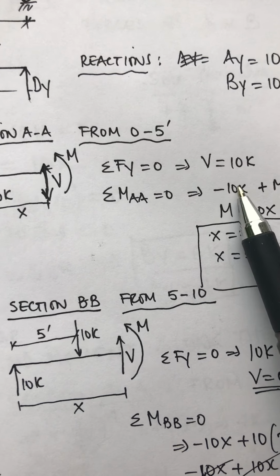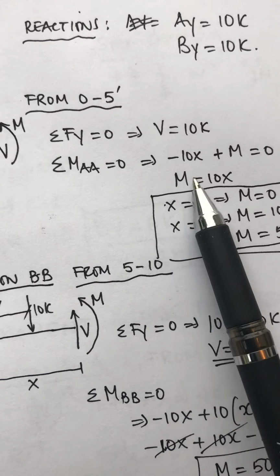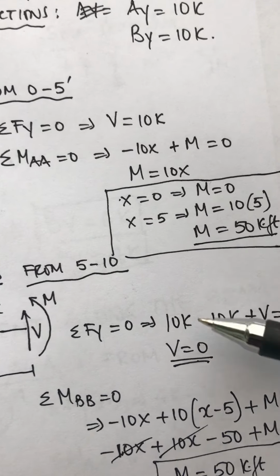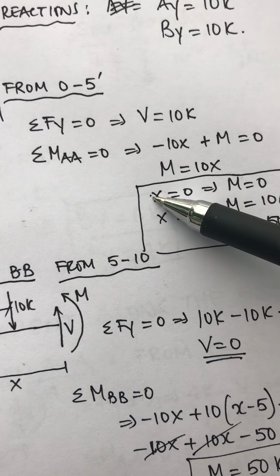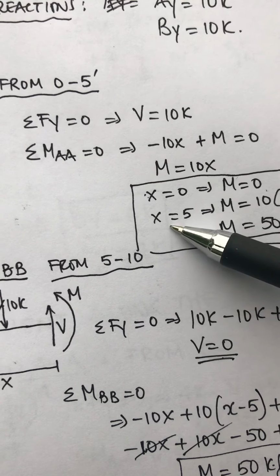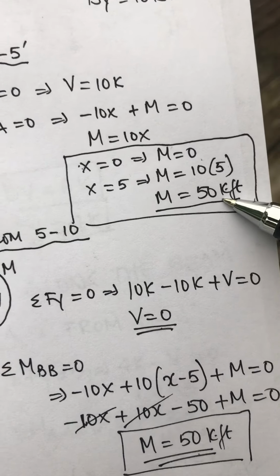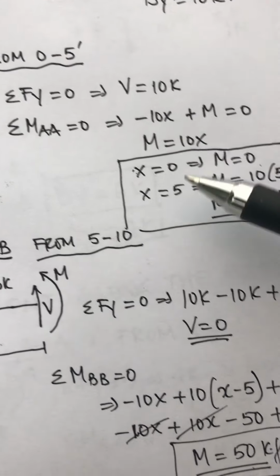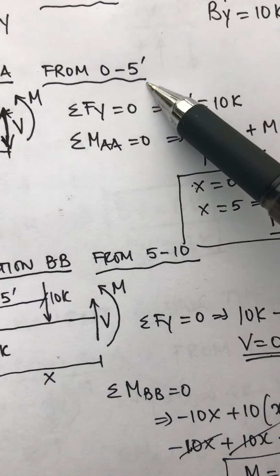So minus 10X plus M equals 0, so M equals 10X. From 0 to 5, if X is 0, M is 0. If X is 5, M is 10 times 5, which gives 50. So you get V of 10 and M from 0 to 50 in the first section.